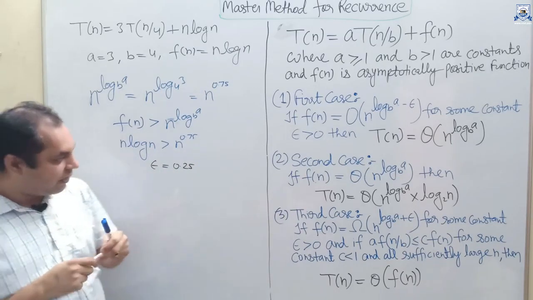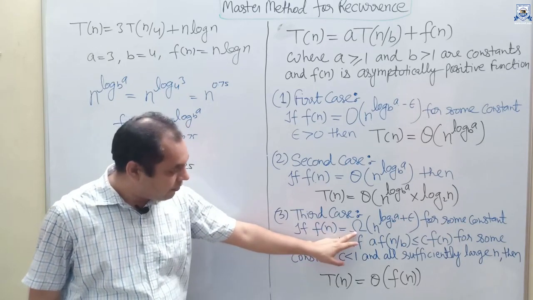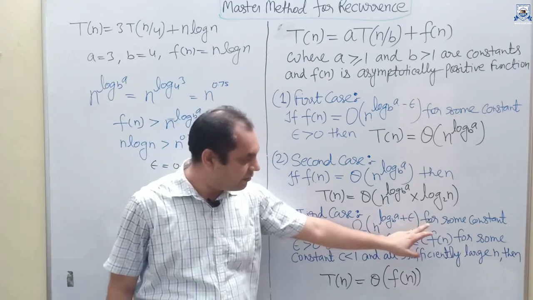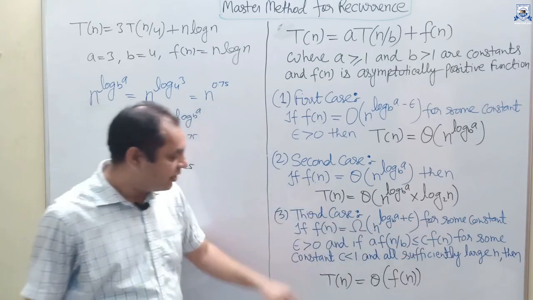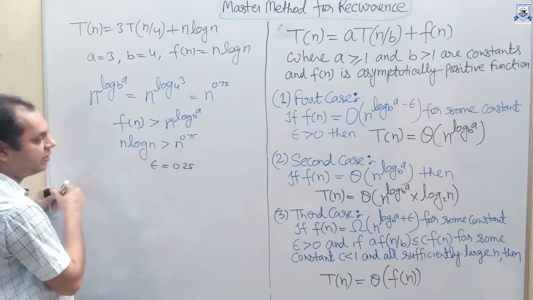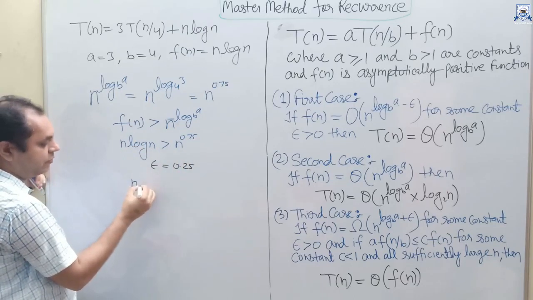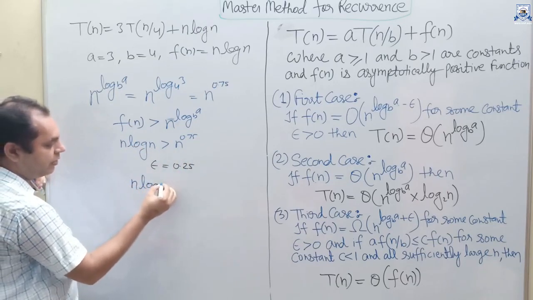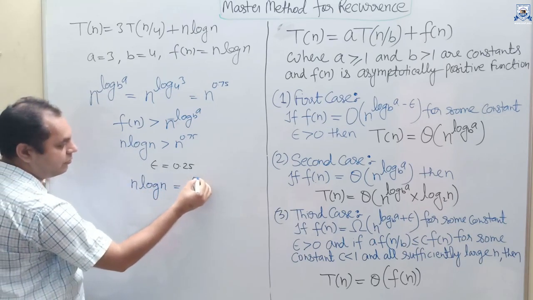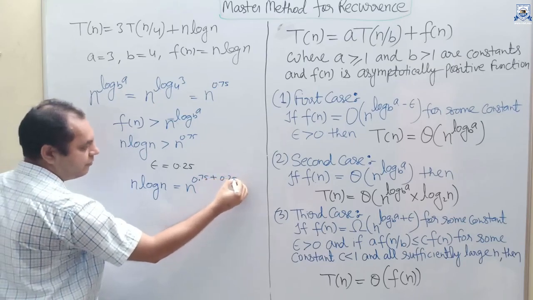Okay. Now if you look at the third case, f(n) is equal to big omega of n to the power log base b of a plus epsilon, for some constant epsilon greater than 0. Now if I put 0.5 here, n to the power log n equals n to the power 0.75 plus 0.25.